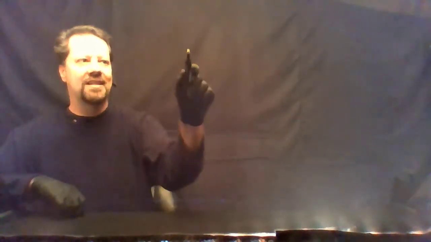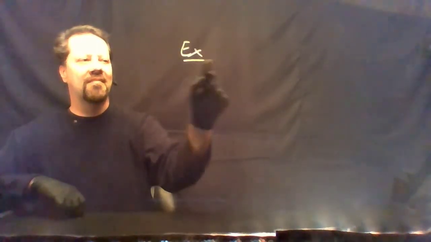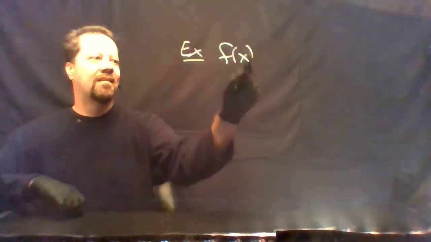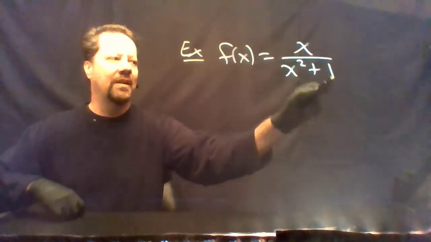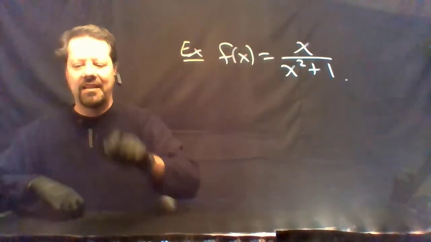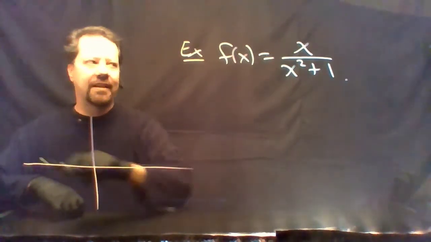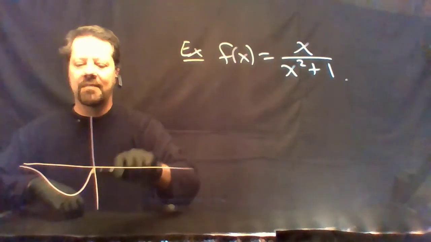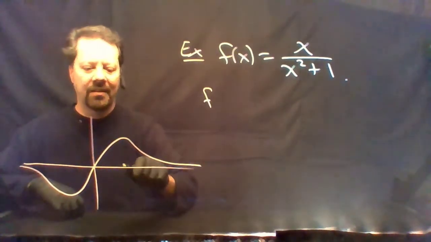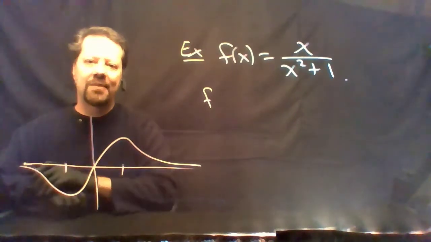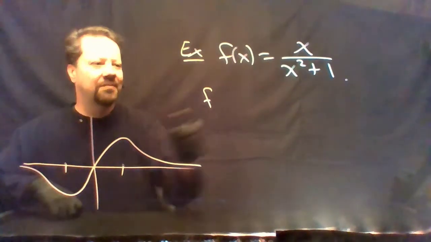Let's look at one more example today. x over x squared plus 1. If you graph this function on your graphing calculator, you'll get something that looks like this. Where do these absolute extrema occur?